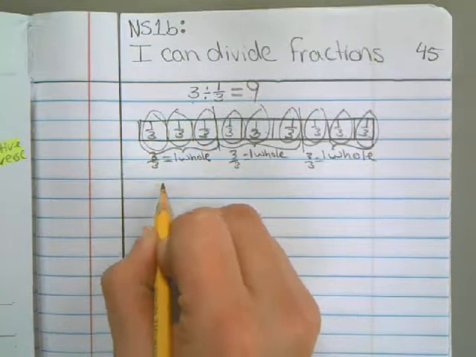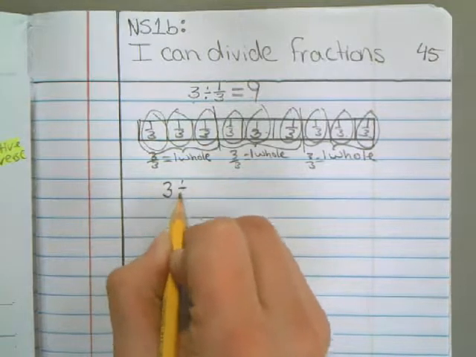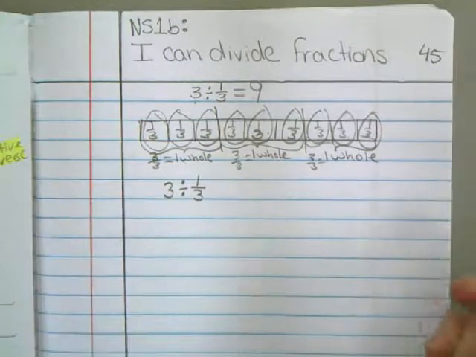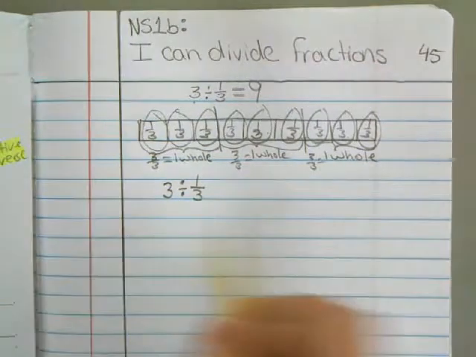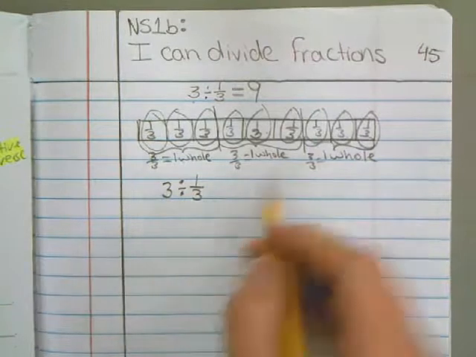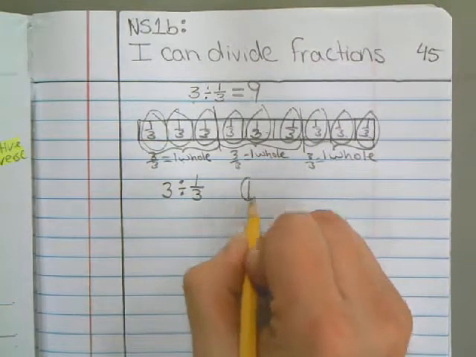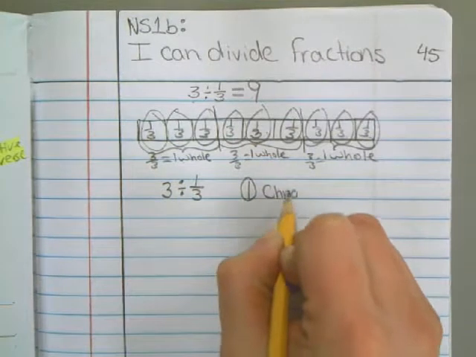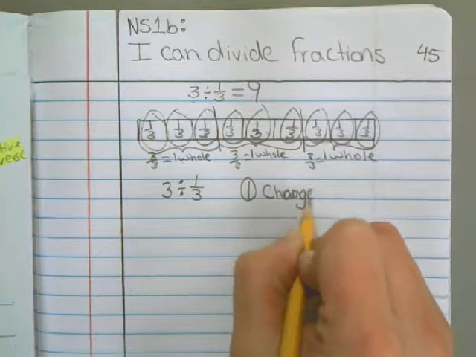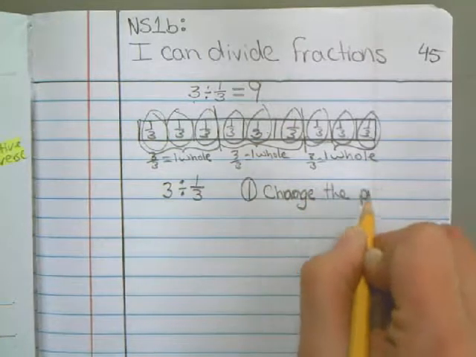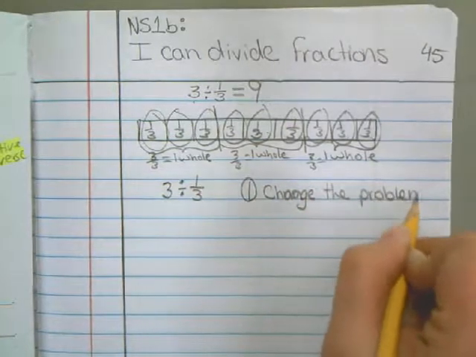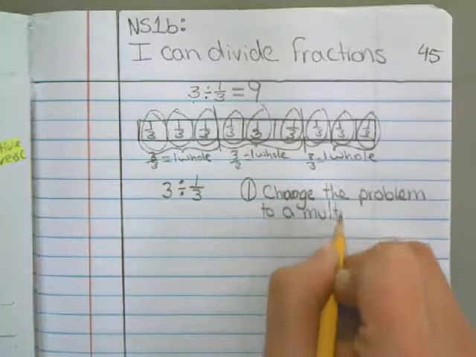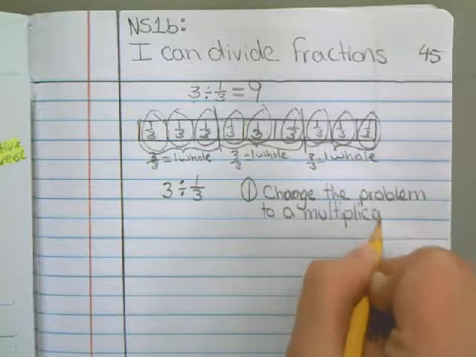Okay, so let's take the same problem. 3 divided by 1/3. Okay, so 3 divided by 1/3. Step 1 to divide that is to change the problem to a multiplication problem.